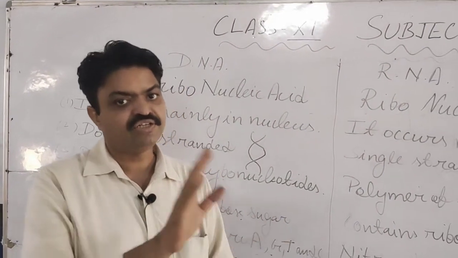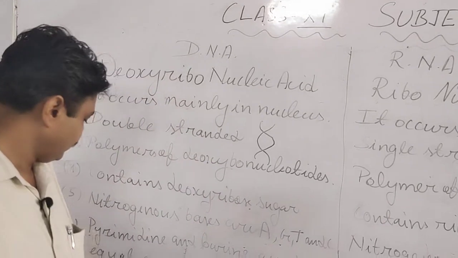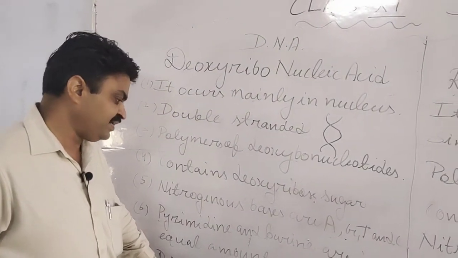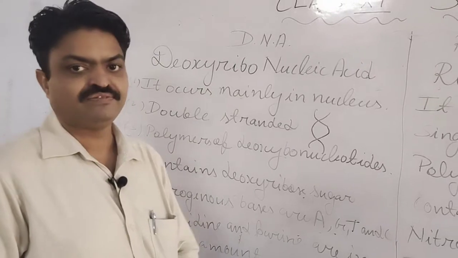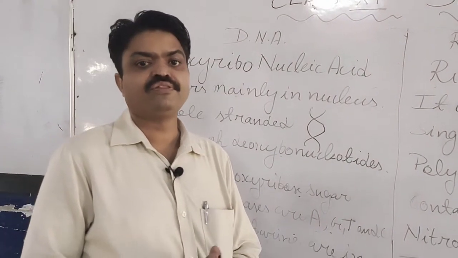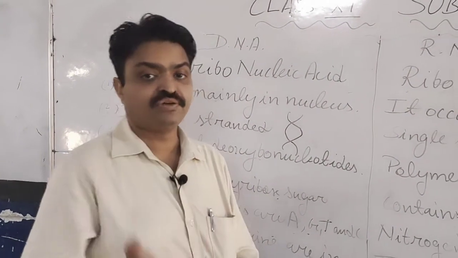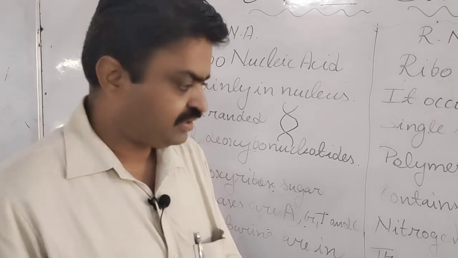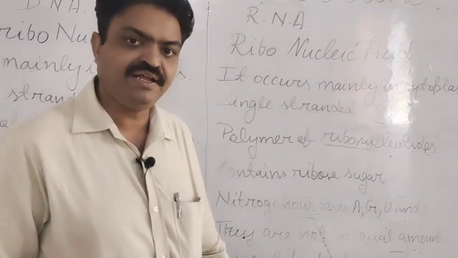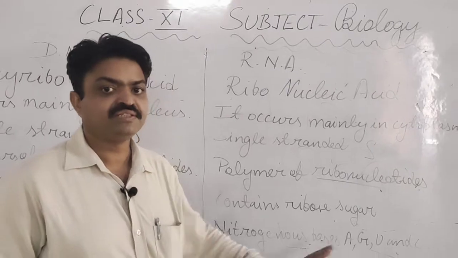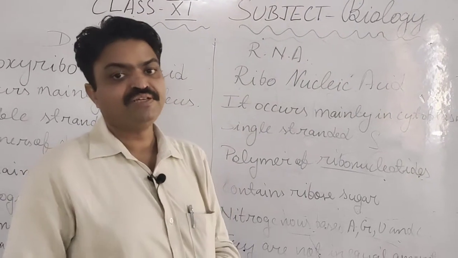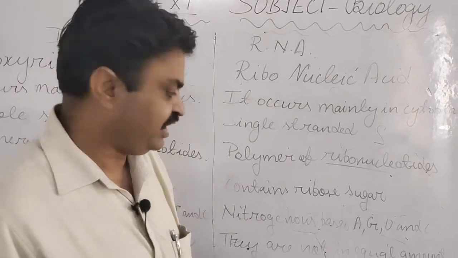Their ratio is different. DNA is hereditary in function, student. Means it works for heredity, or the transmission of traits. But the main function of RNA is synthesizing protein. Means protein is synthesized by the RNA.